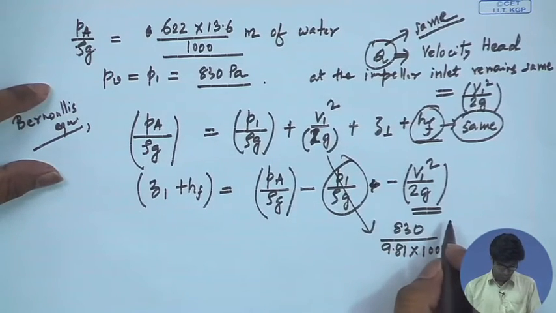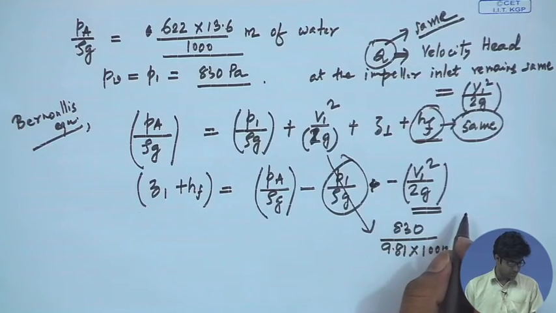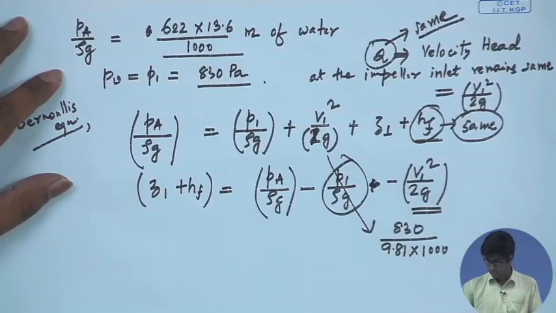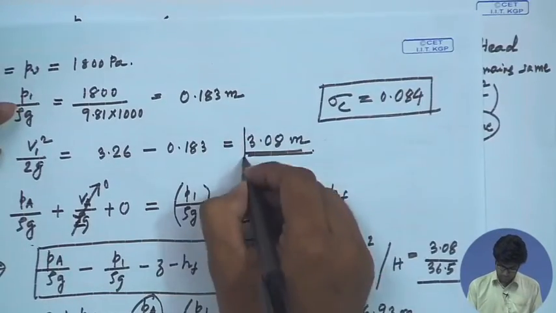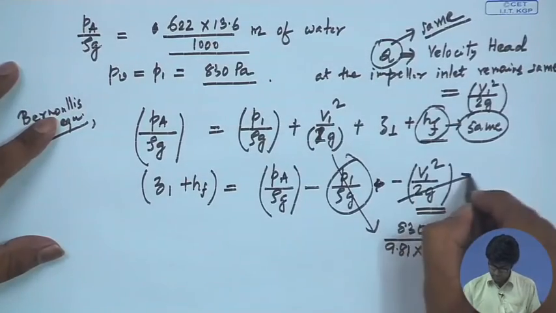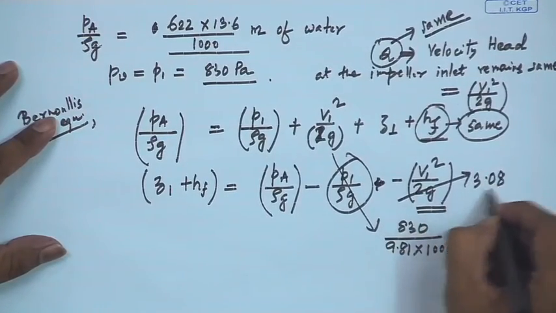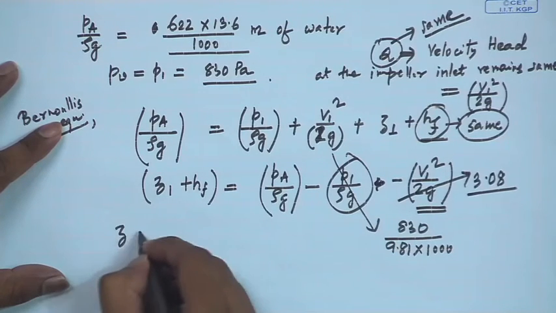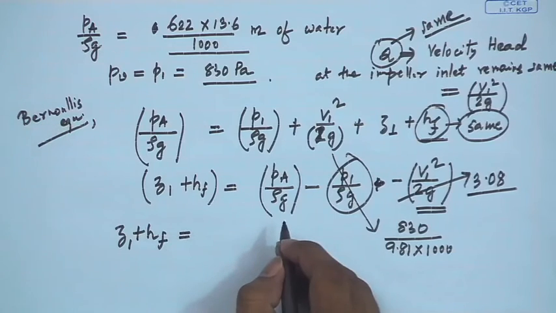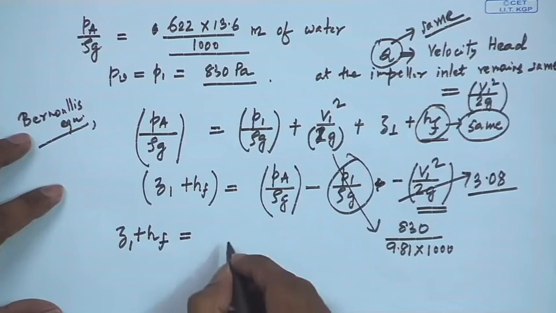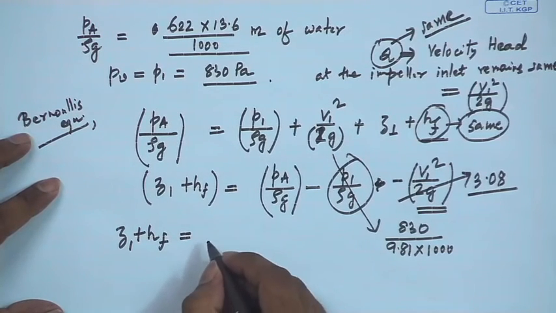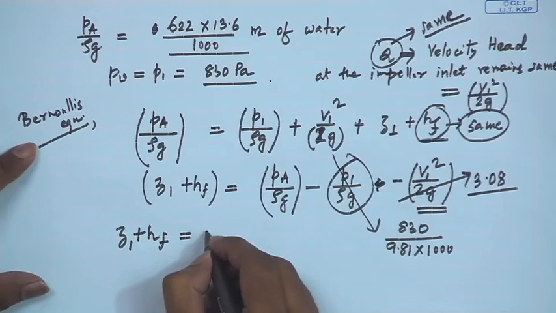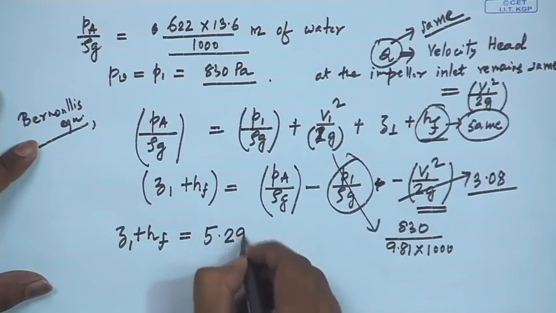V1 square by 2g in the previous case we found out as 3.08 meter. So, we substitute these values, and substituting these values, we get the value of Z1 plus H_f as 5.29 meters.